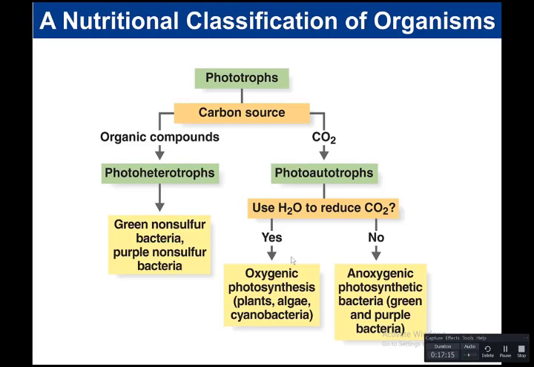So plants would be an example of this, algae would be an example of this, cyanobacteria would be an example of this, etc. But not all of them will use water, and they won't always produce oxygen. And so those are referred to as anoxygenic, meaning in the absence of oxygen. They do not produce oxygen in their process. So anoxygenic photosynthetic bacteria, this would be our green and purple bacteria, for example. And so these are just some examples of different types of nutritional needs that an organism might fall into.